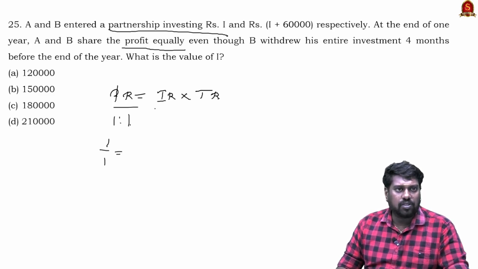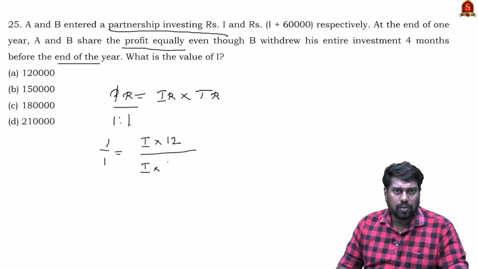Now let us solve the question with the data given. So the investment ratio. What is the investment for the first person? It is I. And the business is going for how many years? Before the end of the year means the business is going for 1 year. Whenever we approach partnership questions, we must approach it in terms of months. So it will be 12 months. What is the investment of the second person?